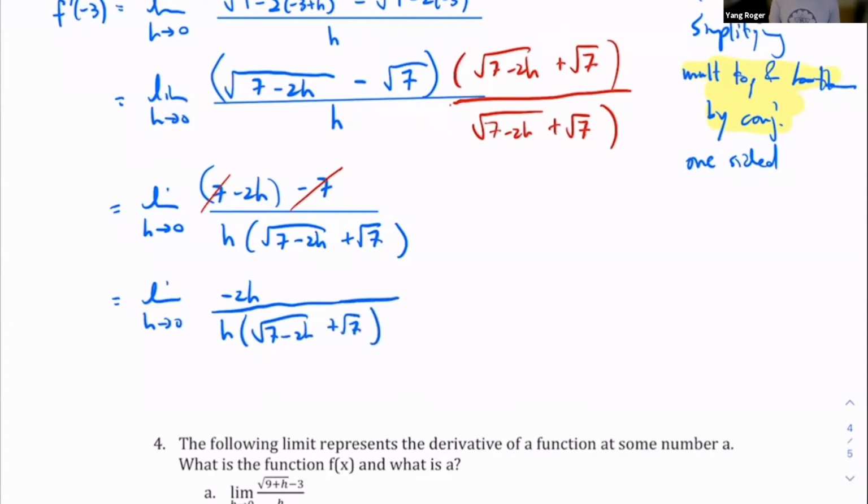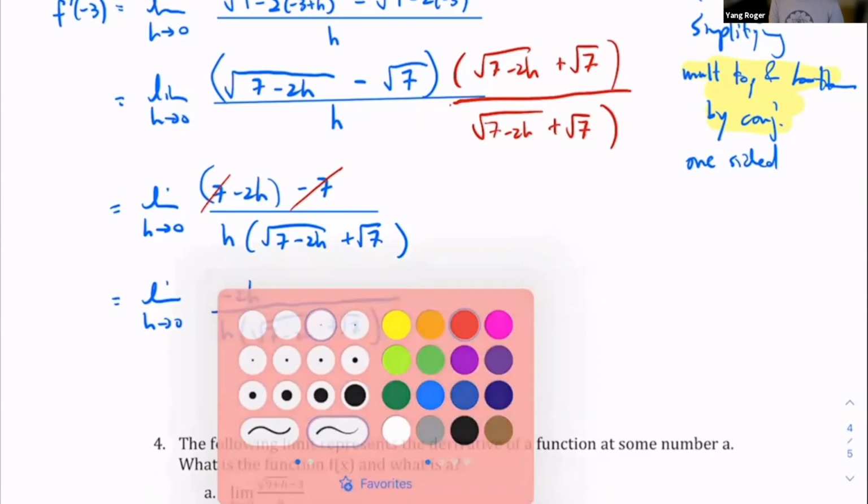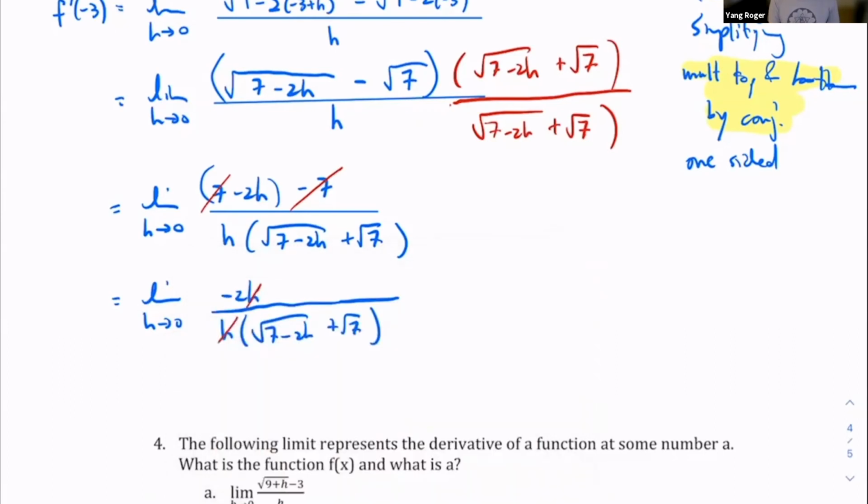And now we can see that finally I'm able to cancel the h in the bottom. The whole problem is we have a 0 in the denominator that we're trying to resolve. So in this case, I can simply cancel the h's like this. Now the h on the bottom is gone, and I can use the direct substitution property. When I plug in a 0 for h, the minus 2h goes to 0.